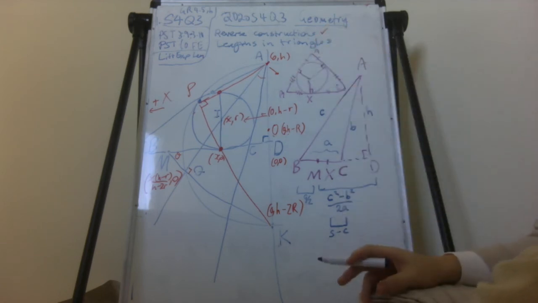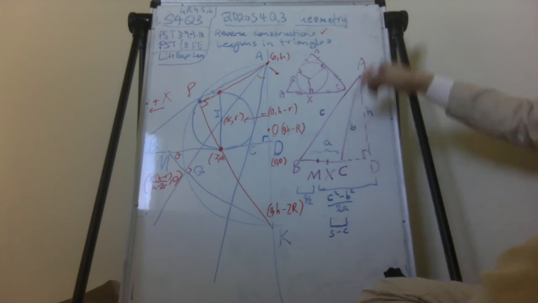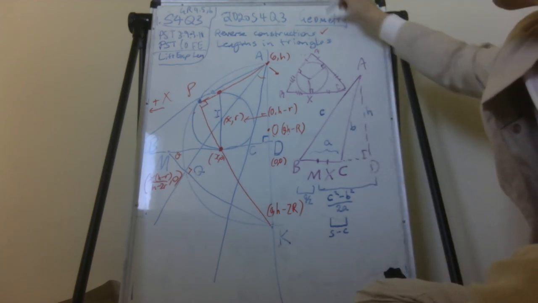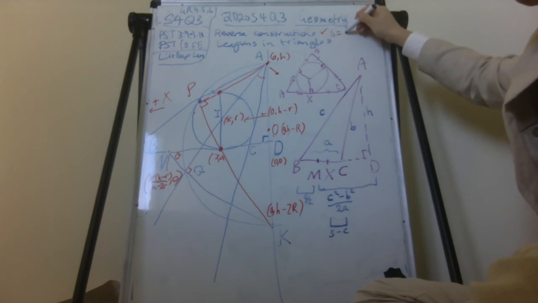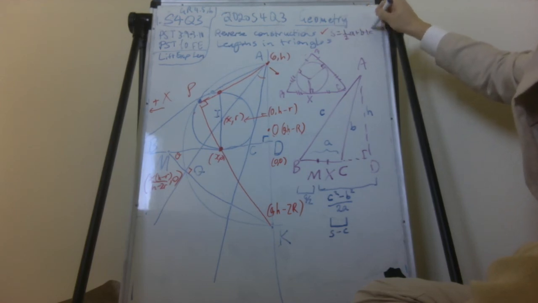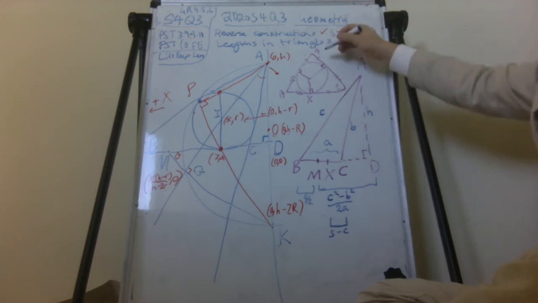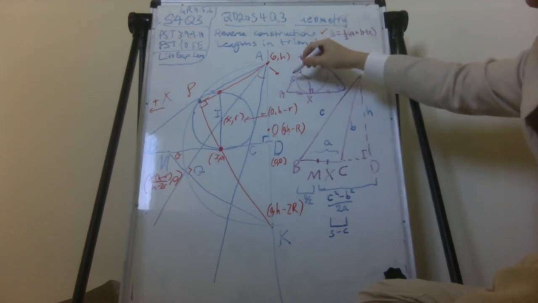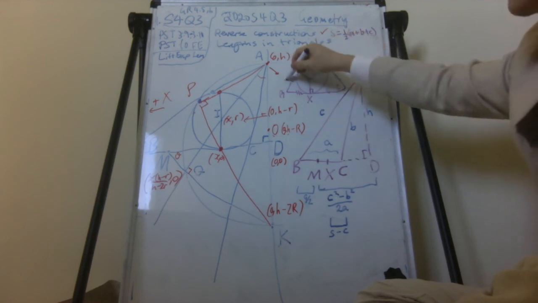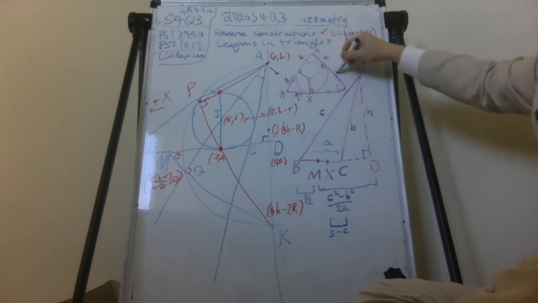Oh, by the way, I should tell you what S means. S is the semi-perimeter, so half the perimeter, yeah? Okay, so can you see that basically, if you call this X, and this Y, and this is called Z, right?